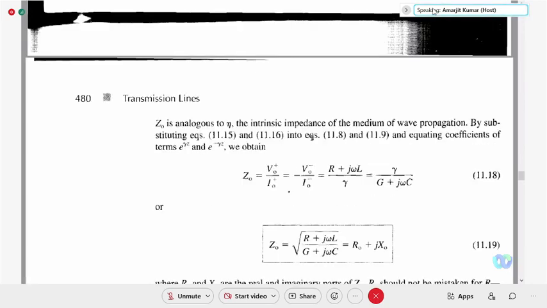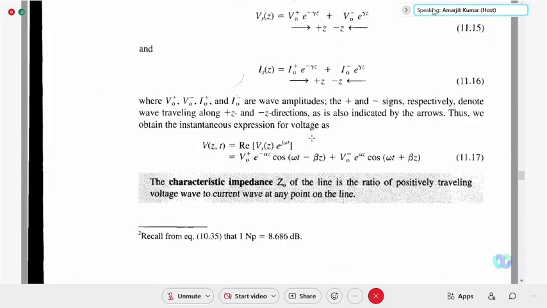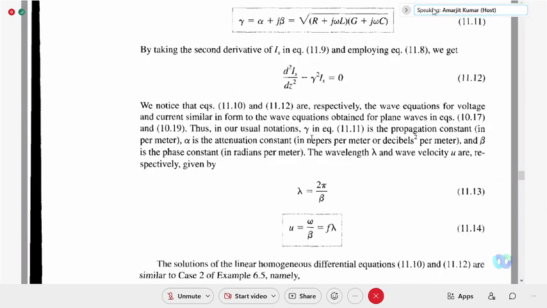So then, how do we define the characteristic impedance of a transmission line?